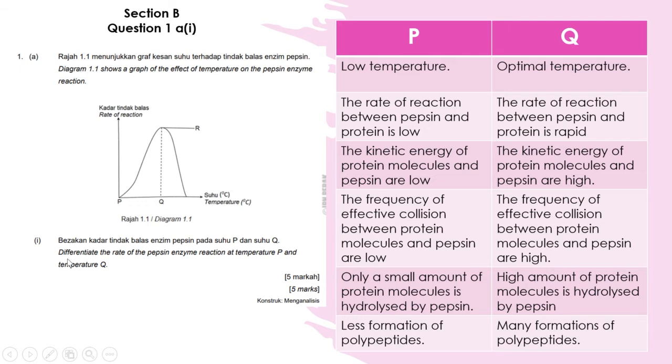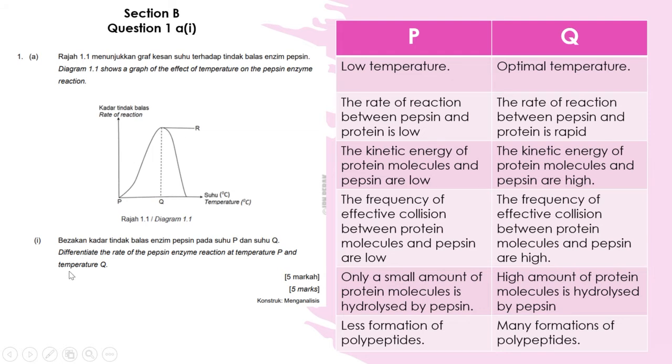Now the diagram is a graph showing the effect of temperature. Temperature is the MV, the manipulated variable, and the RV is the rate of the pepsin reaction. This refers to points P, Q, and R here.